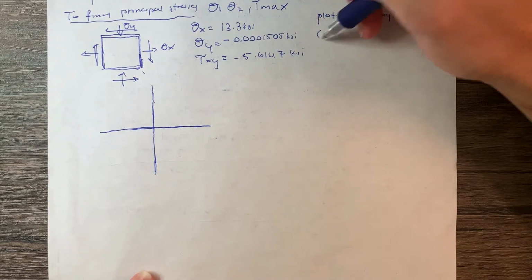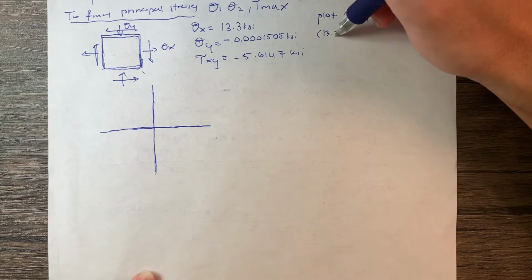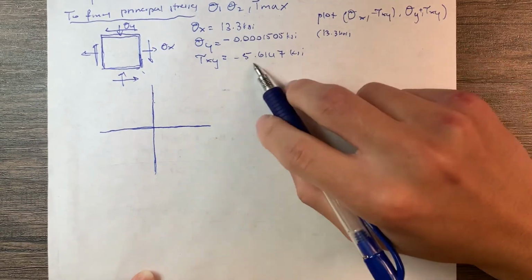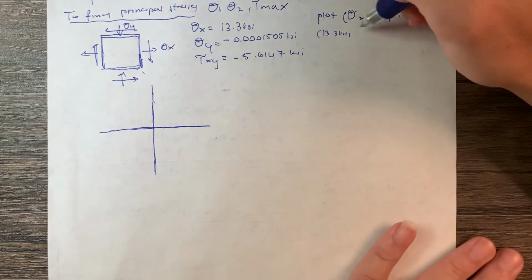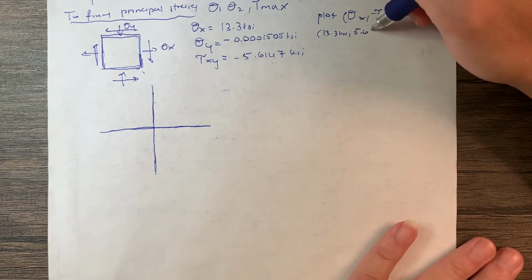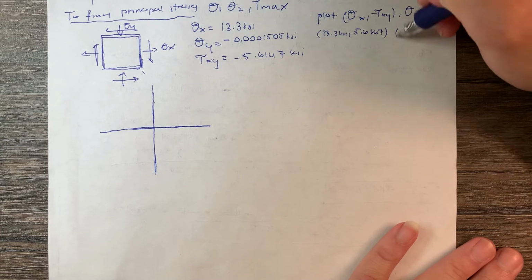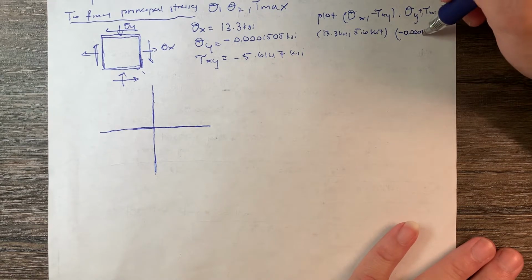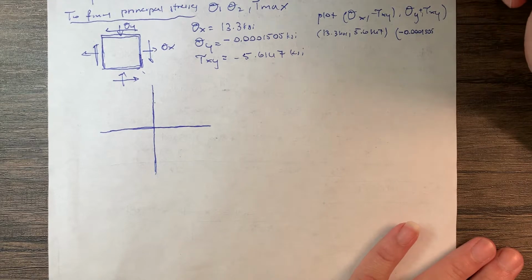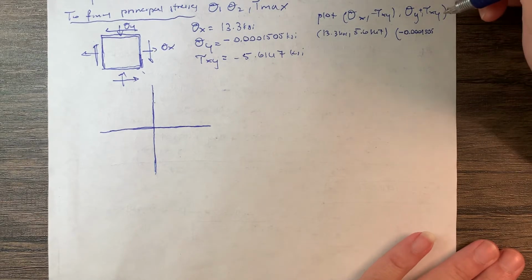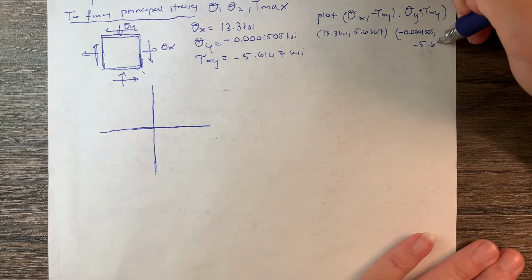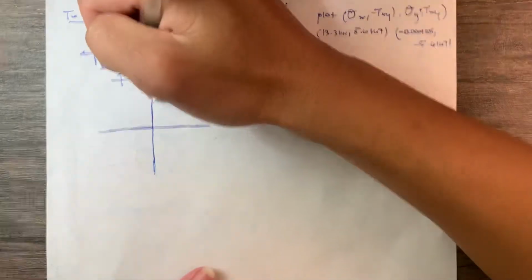That's essentially 13.3 KSI, and since tau xy is negative 5.6147, negative tau xy becomes positive 5.6147. And the other point is negative 0.0001505 and negative 5.6147.